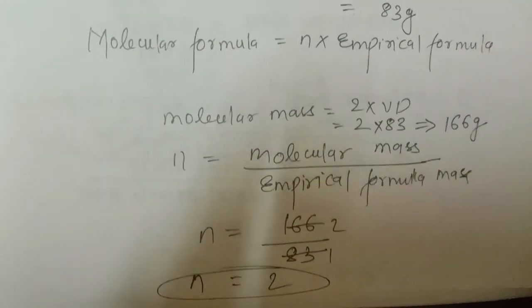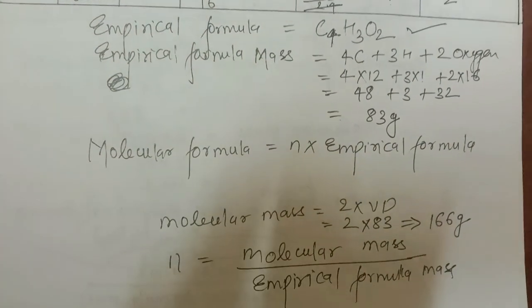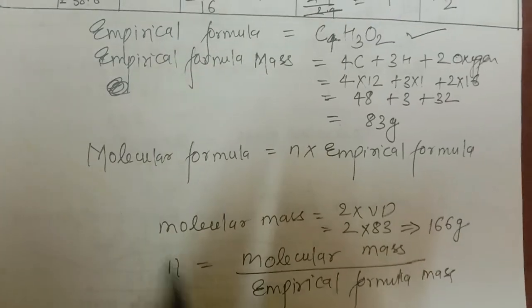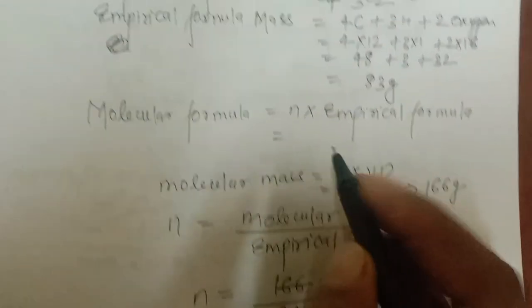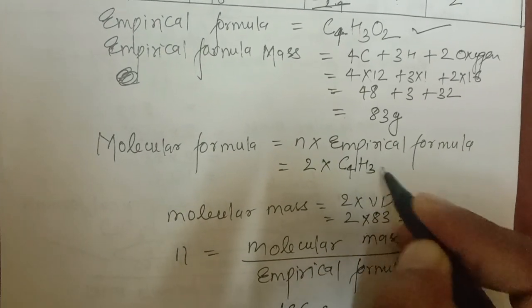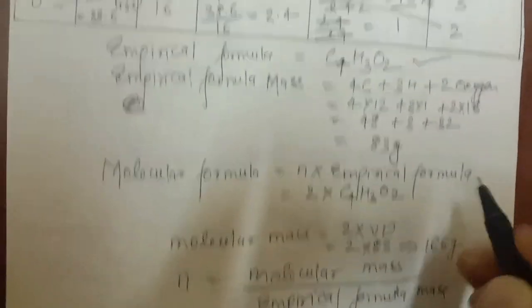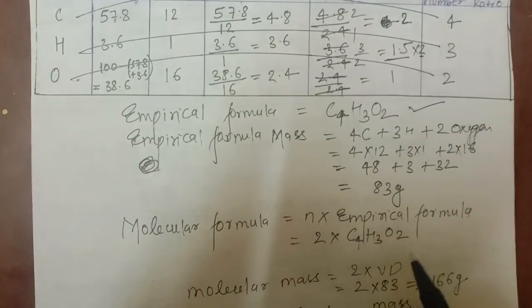Now students, what we have to do, we'll put the value of N in this formula. So here molecular formula equal to N, we got N equal to 2. So we'll write 2 times the empirical formula, C4H3O2, which we already calculated.